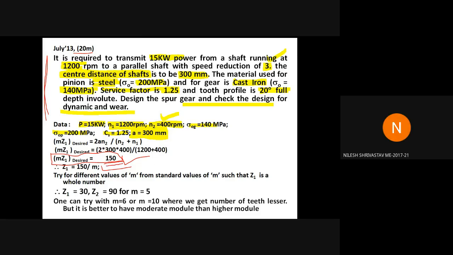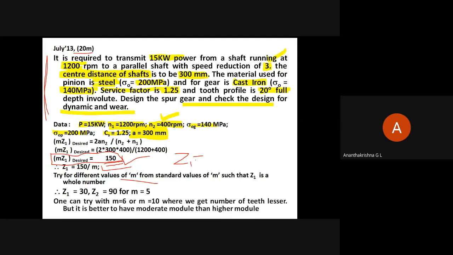Yes, sir. Okay, so now we can try different values of module M. Suppose I take module M equal to 10, what will happen? Z1 will be equal to 15, correct?